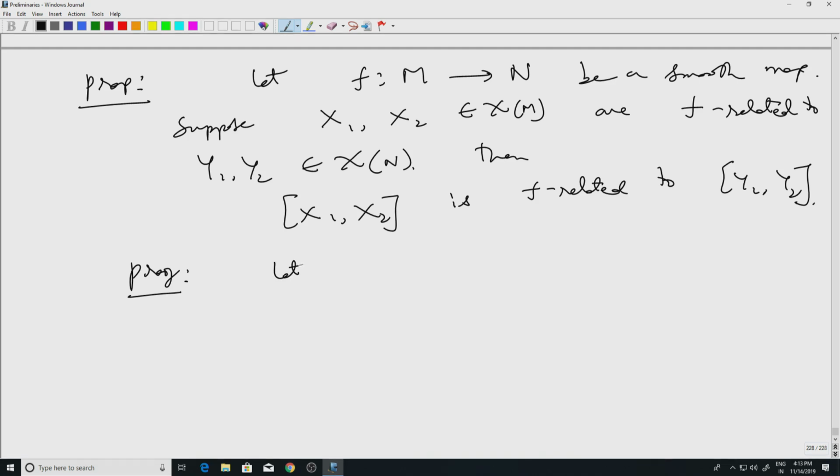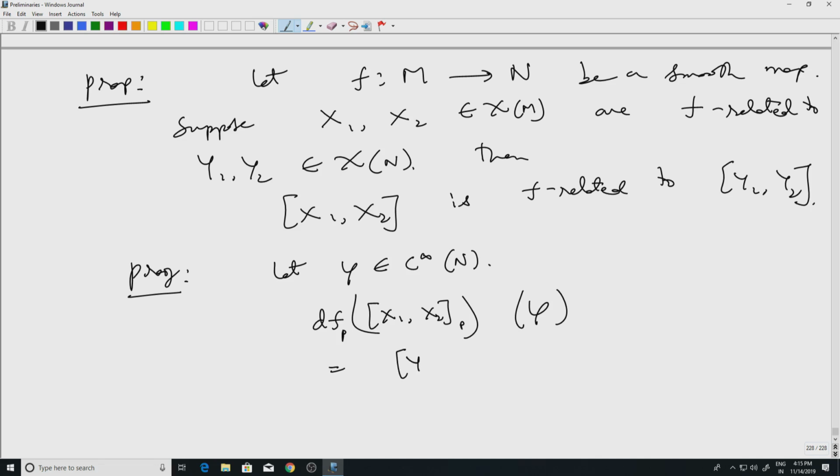Let phi be a C infinity function on N. Then we are asking if dfp of the bracket of x1, x2 at the point P, acting on phi, is the same as the bracket of y1, y2 at f of p acting on phi.